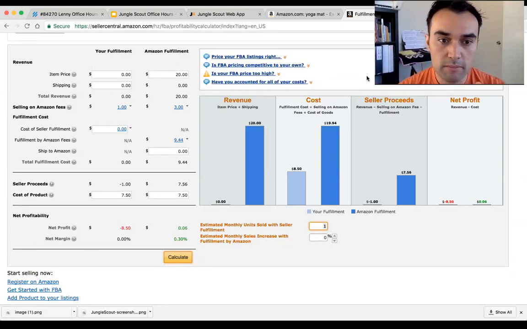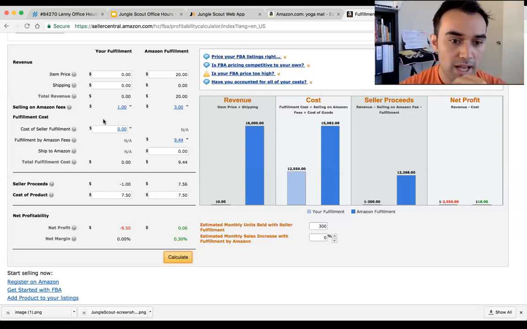So if you were to put in the item price and how much it would cost for you to fulfill the items, so you fill out details for both FBA and FBM, then you estimate how many units you'd sell per month. Let's say it's like 300. It will actually give you a breakdown of how much revenue you would make via fulfilled by Amazon versus fulfilling yourself, which is kind of cool. But in most cases, we just recommend doing the FBA model anyway.